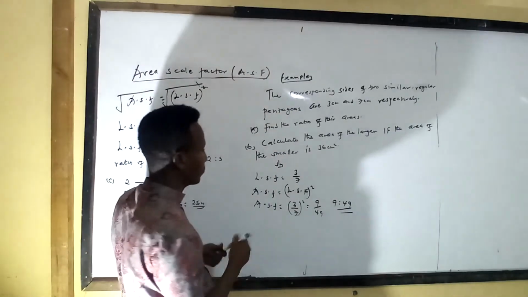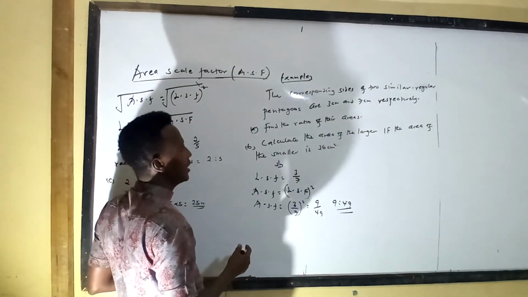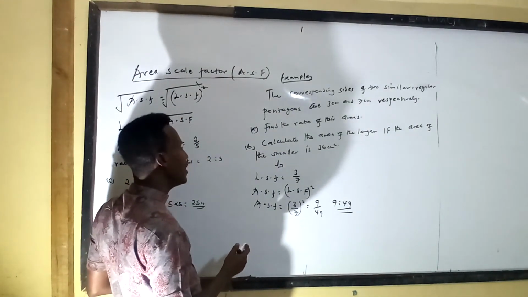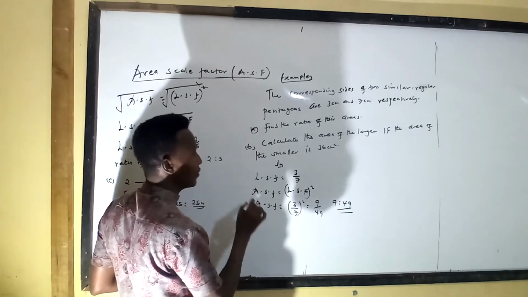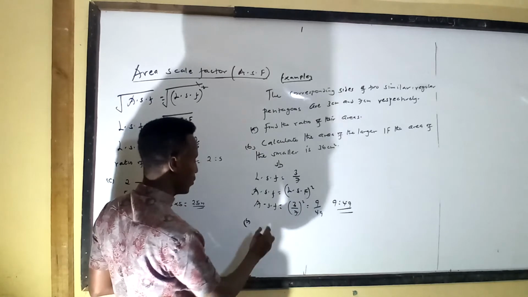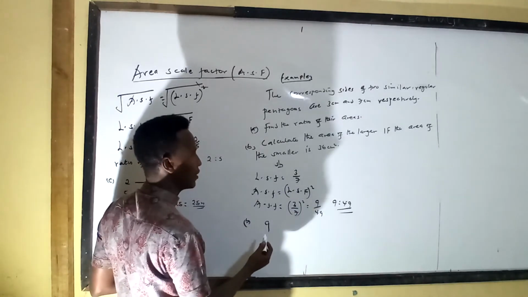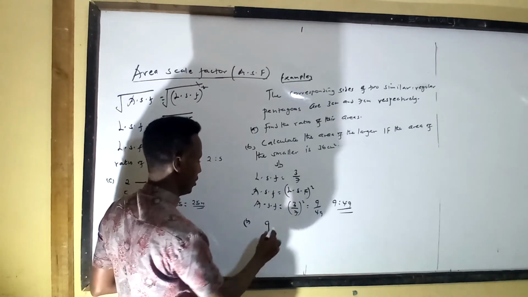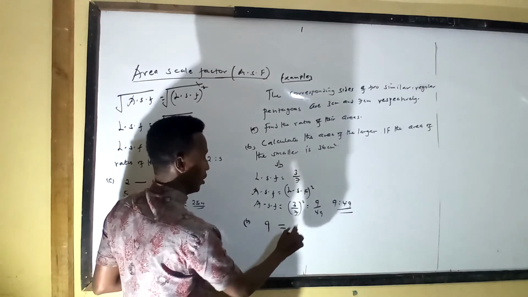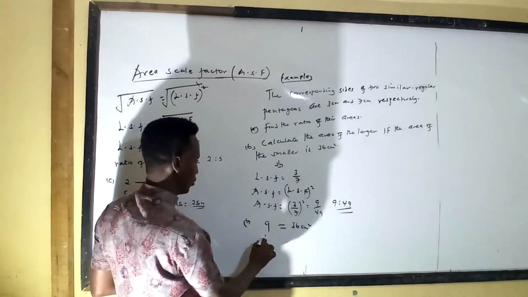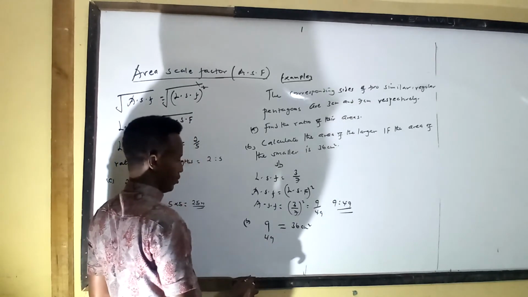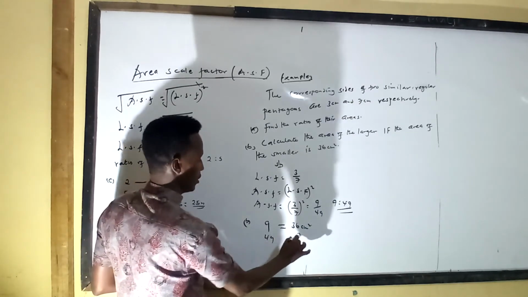Question B, you are told to calculate the area of the larger if the area of the smaller is 36. So we can say 9, which is the area scale factor of the smaller one, is equal to 36 centimeters squared. What about 49 now? 49 is under question mark.